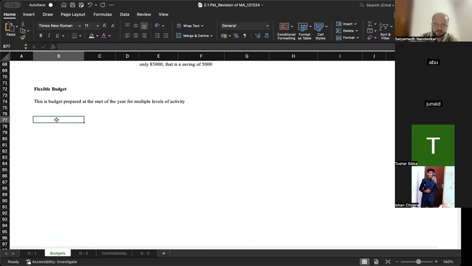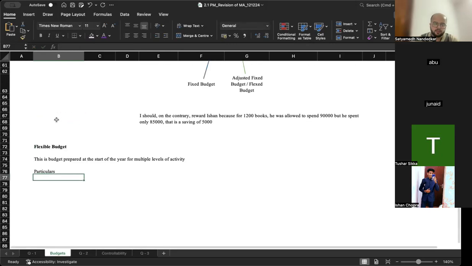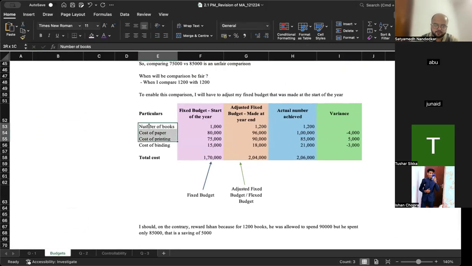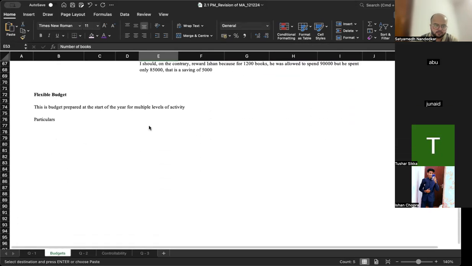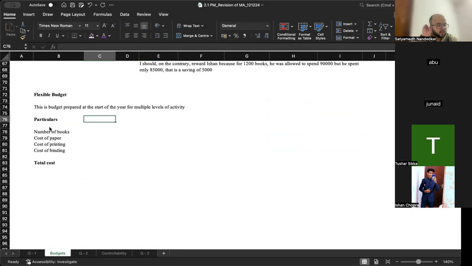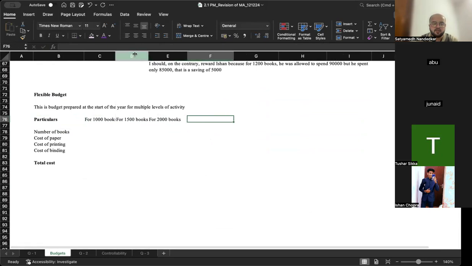So what the business entity will do is they will prepare particulars for 1,000 books, for 1,500 books, for 2,000 books. So maybe they will make it for three different levels of activity in the entity.